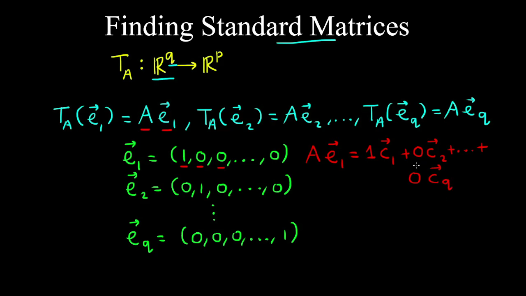This is the same as column 1. If you do the same for A by E2, you get 1 multiplied by column 2, and so on up to A by EQ, which will be equal to column Q in matrix A.